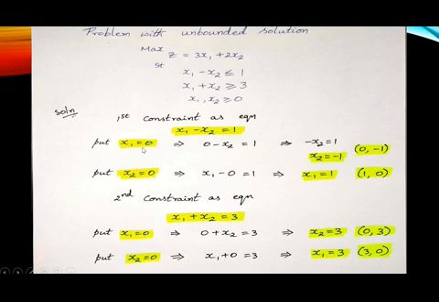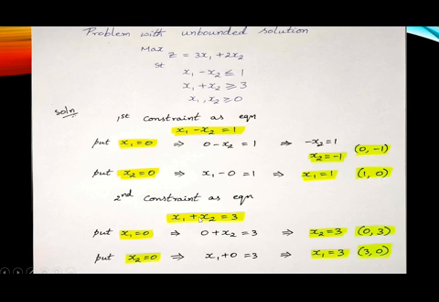When I put x1 equal to 0, I get minus x2 equals 1, which makes x2 equal to minus 1. So the point is 0 comma minus 1. Put x2 equal to 0, I get x1 equal to 1, so the point is 1 comma 0. So the coordinates for the first equation are 0 comma minus 1 and 1 comma 0.